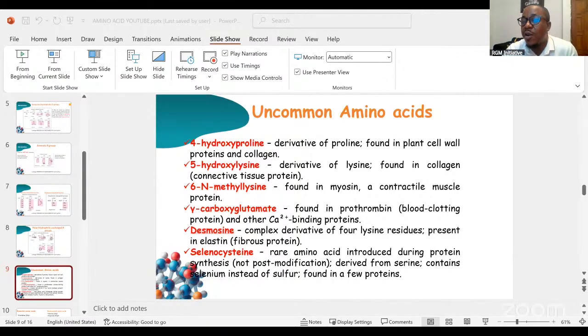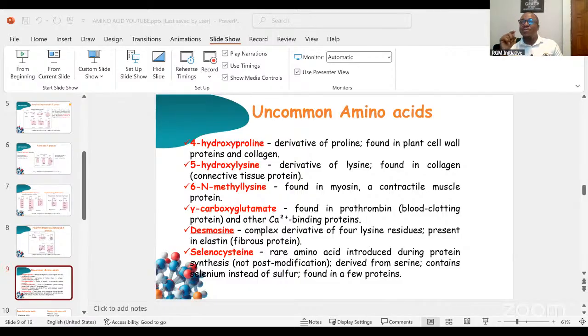So these are uncommon amino acids. We have hydroxyproline, which is found in collagen. I was talking about scurvy, which is a lack of vitamin C. Vitamin C is essential for the hydroxylation of proline.